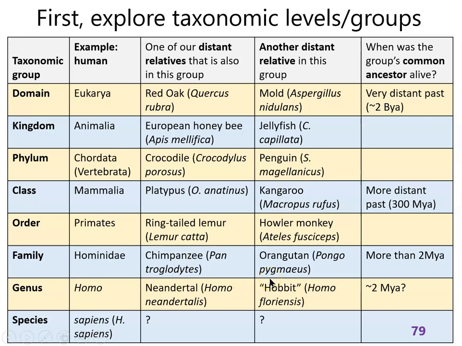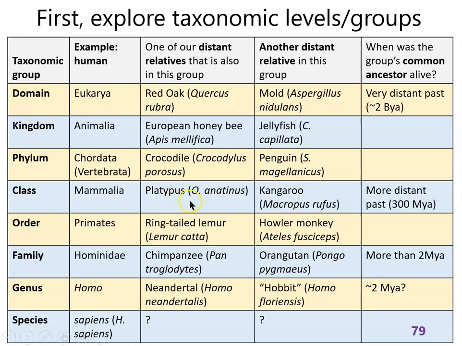I don't have all these numbers, but for the genus Homo, it's something like 2 million years ago that the common ancestor we have with Neanderthals and hobbits was alive. All of the mammals have a common ancestor.